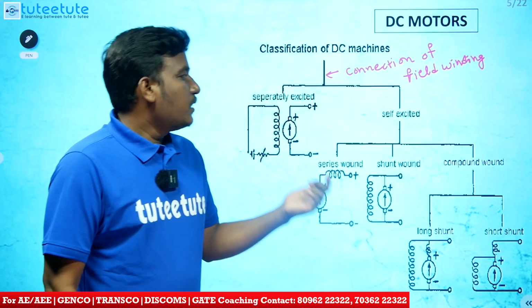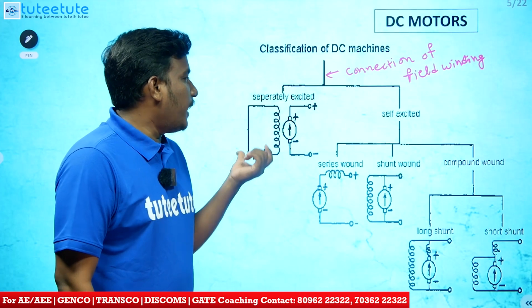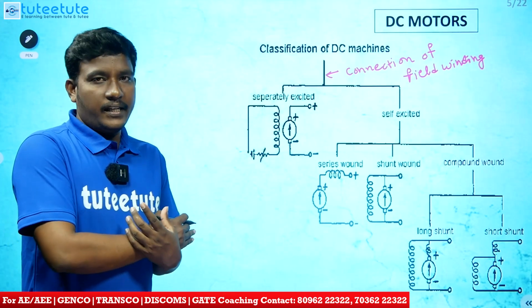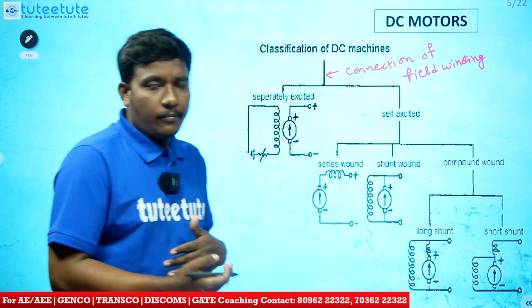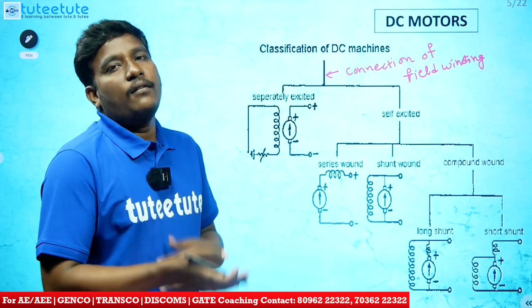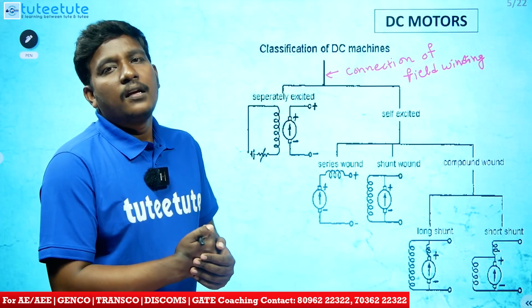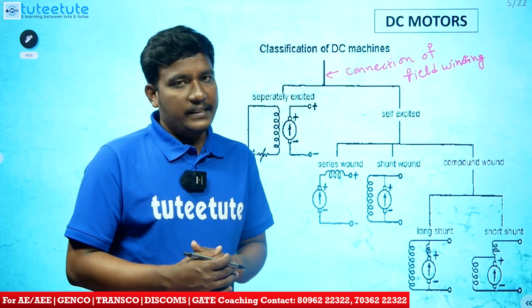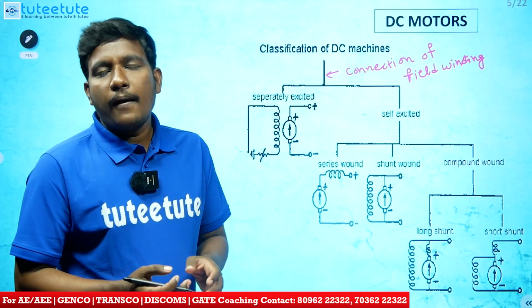Separately excited means the field winding is separately excited by a different DC source, whereas self-excited means the field winding is excited by the motor itself. Initially, some residual magnetism is developed with the process of field flashing. After that we connect to the motor.